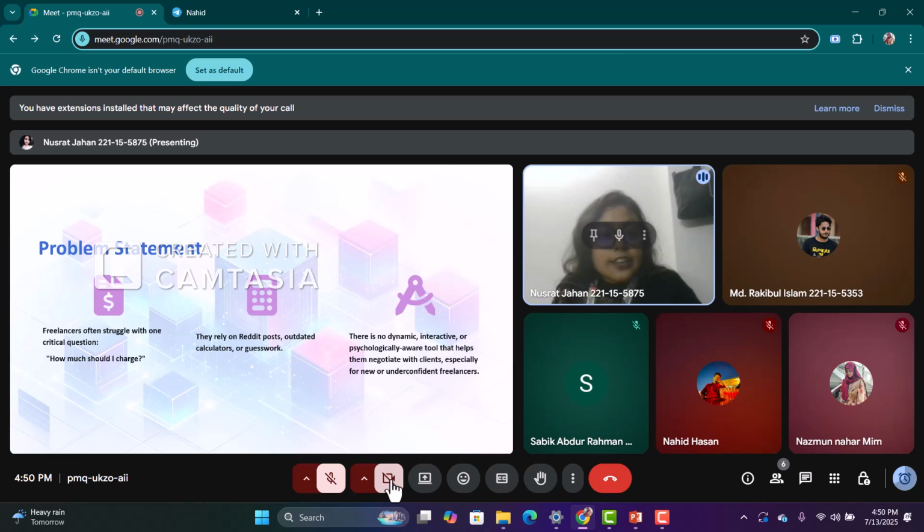This leads to undercharging and low confidence, especially for those just starting out, and a lack of negotiation skills. There are no dynamic, interactive or psychological tools designed for the critical early conversation with clients. This isn't just a pricing problem, it's also a confidence and communication problem, and it's costing freelancers not only money but also credibility and peace of mind.